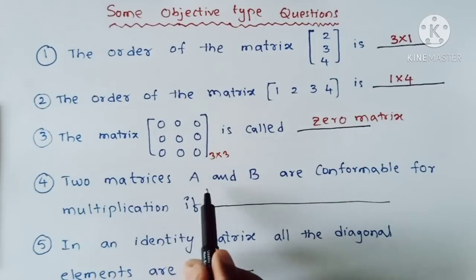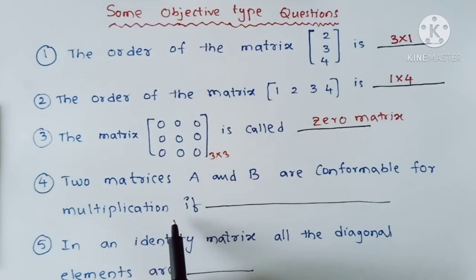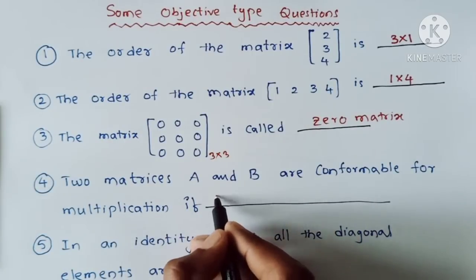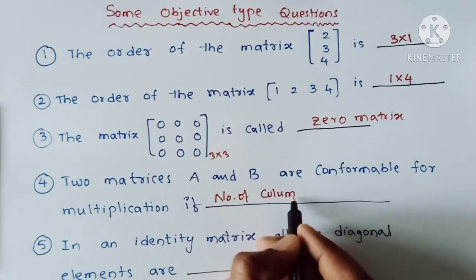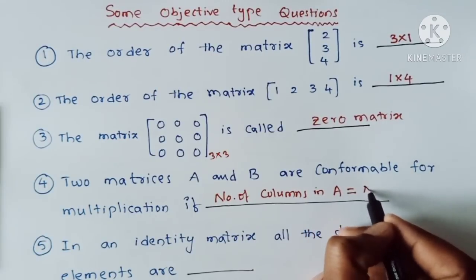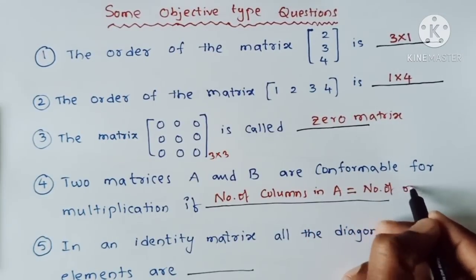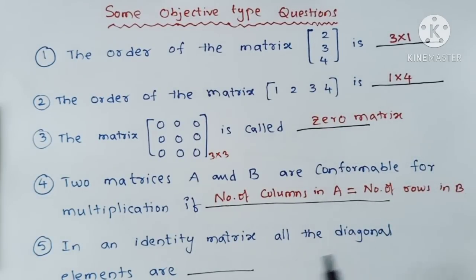Two matrices A and B are conformable for multiplication if the number of columns in A is equal to the number of rows in B. And finally, in an identity matrix, all the diagonal elements are equal to 1, obviously.